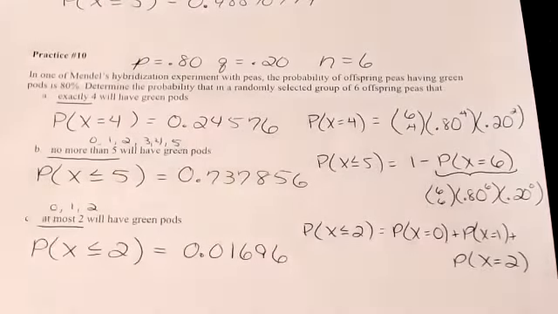I want you to feel confident and comfortable with calculating binomial probabilities. Turn the page when you're ready. Sorry, I'm not ready. No, that's okay, I wrote down a lot.